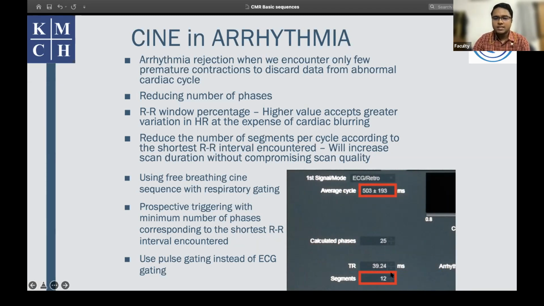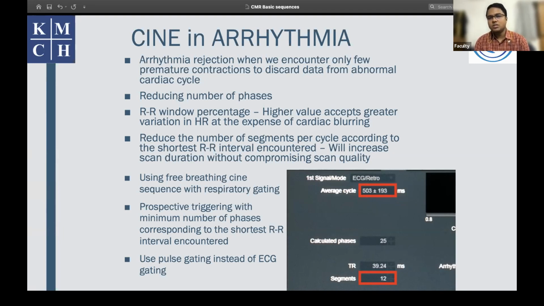We can select the number of segments which corresponds to the lowest RR interval encountered during the arrhythmia, so that this will produce good quality images in spite of arrhythmia, though it will increase the scan duration a little bit.